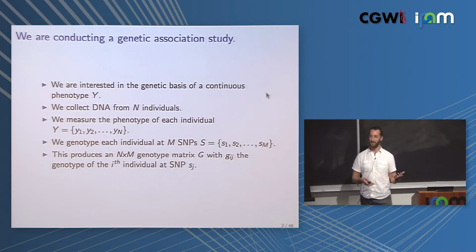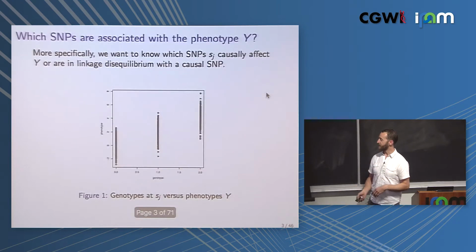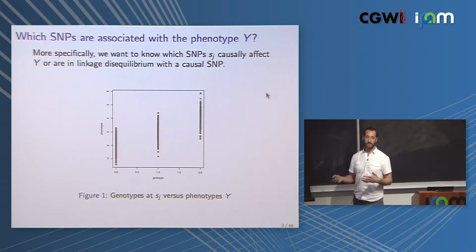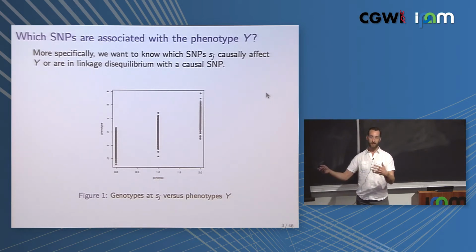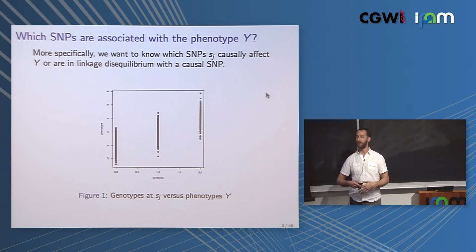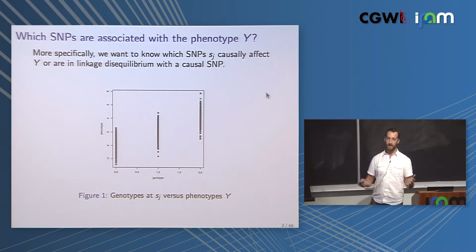Gij is the genotype of the ith individual at SNP j. Now, we want to figure out which SNPs are associated with our phenotype. More specifically, we want to know which SNPs are either causal to Y or are in LD with one of the causal variants. And so we can look at our genotypes and look at our phenotypes and try to figure out whether these things are associated.